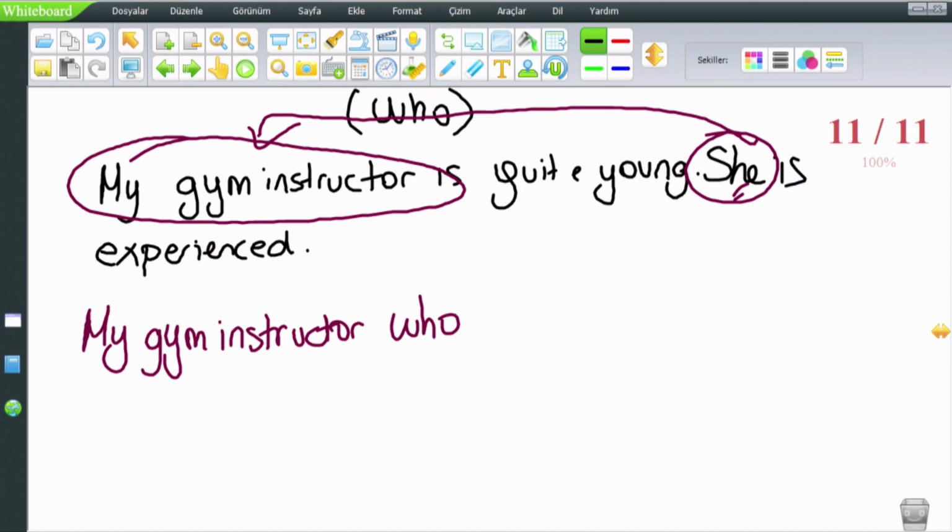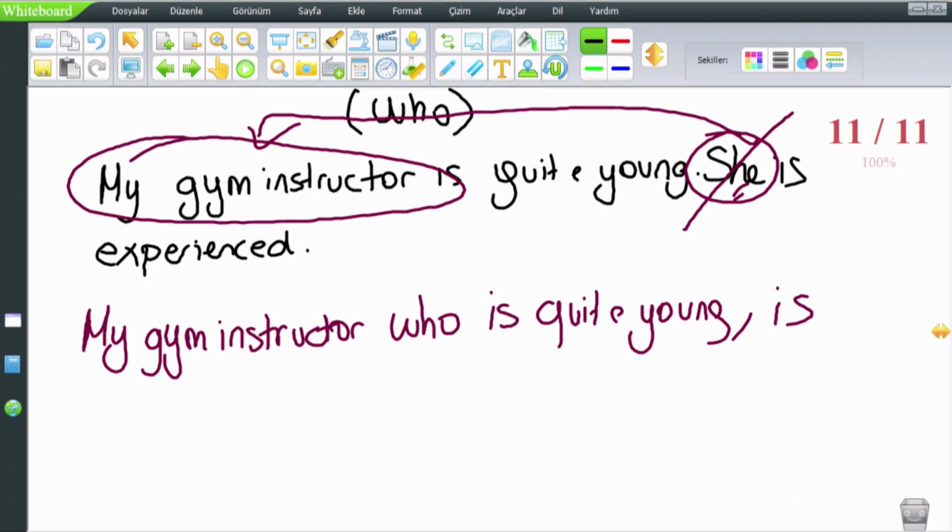Okay, now what you are going to go on with depends on what is the extra information that you would like to give. Who is quite young. Then I jump into the second sentence. I omit the thing that we have used: is experienced.